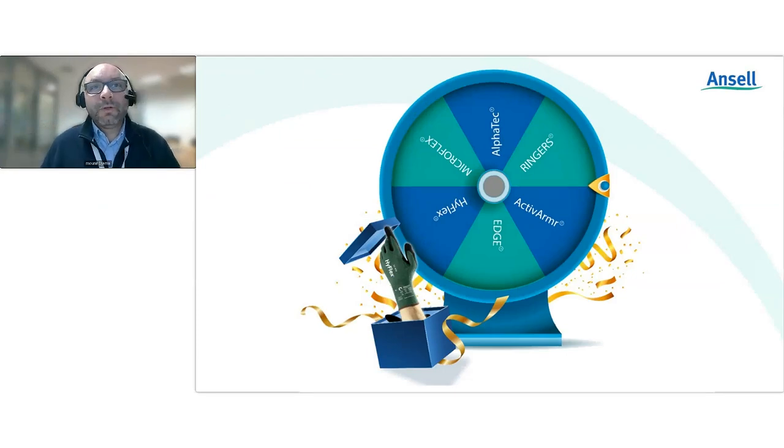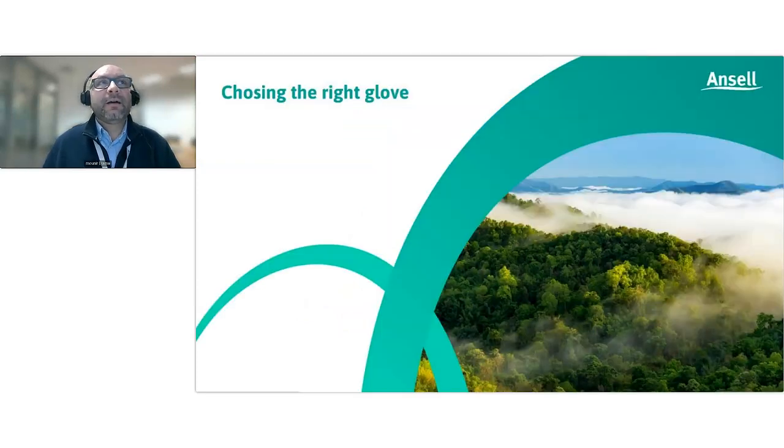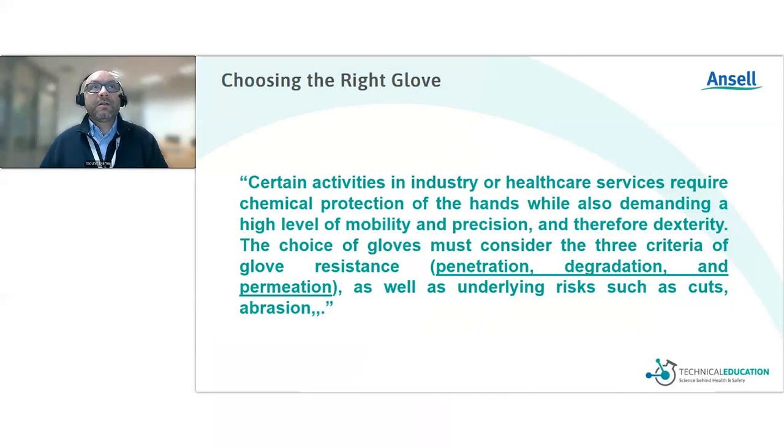So now we'll move to another slide: choosing the right glove. We saw that repeated exposure could be very problematic for workers. In industry, I remember sometimes it's really challenging to have a balance and to deal with a lot of risks at the same time.